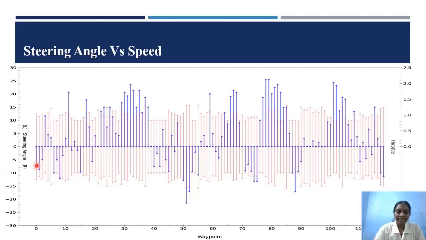Then the speed is increasing, then decreasing. Suddenly, the steering angle changes to positive, close to positive 15. Then immediately it decreases, and suddenly it goes to negative. See the graph. The steering angle is not at all stable, so this model may not perform well.